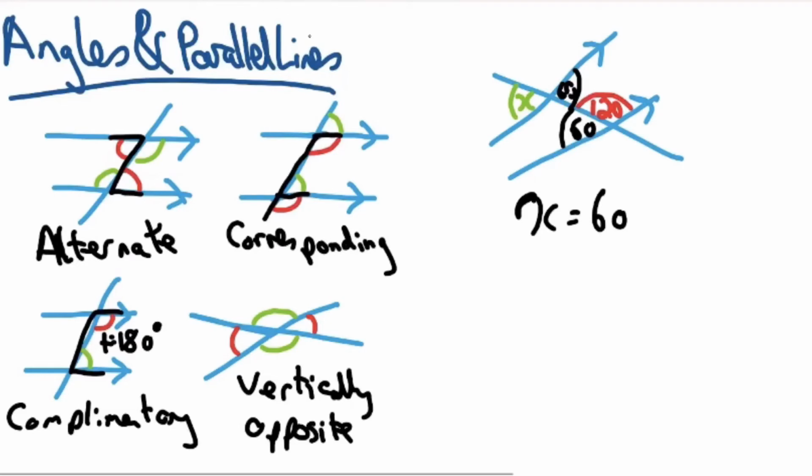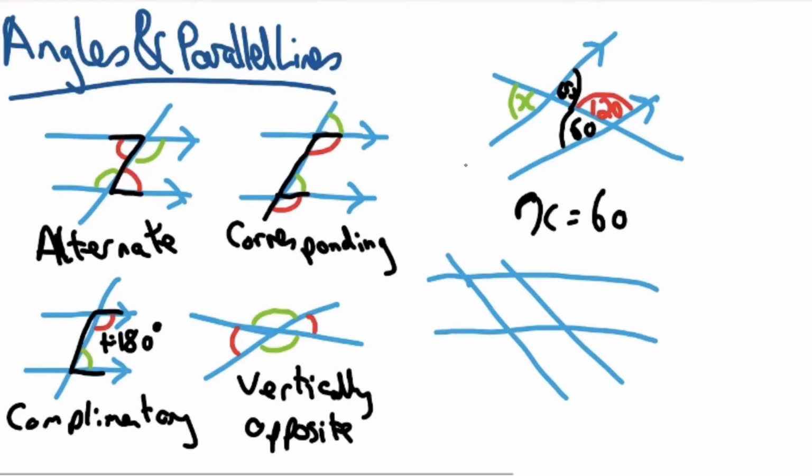Alright, I want to give you a chance to practice this on your own, so just pause the video when you're ready and have a go, and we'll press play when it's good. So what we'll give you here is a couple of parallel lines coming this way, but also a couple of parallel lines going this way.